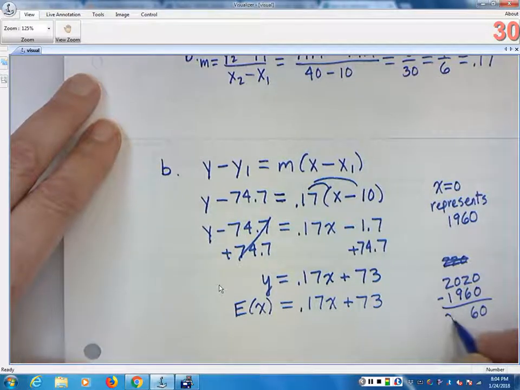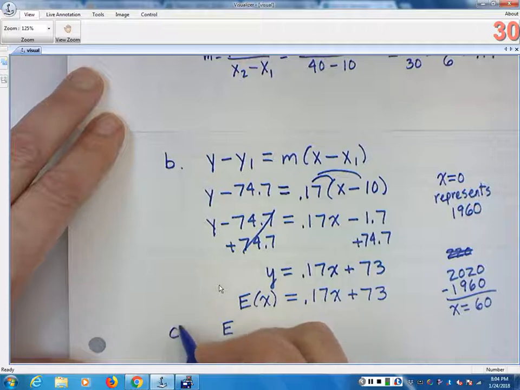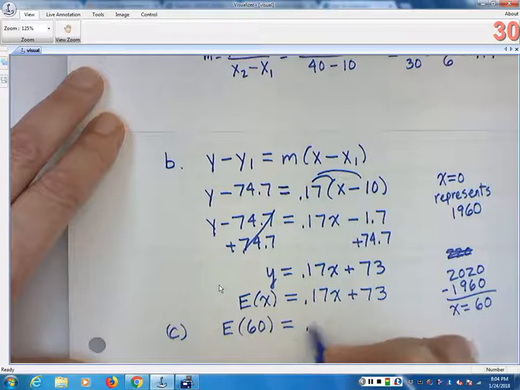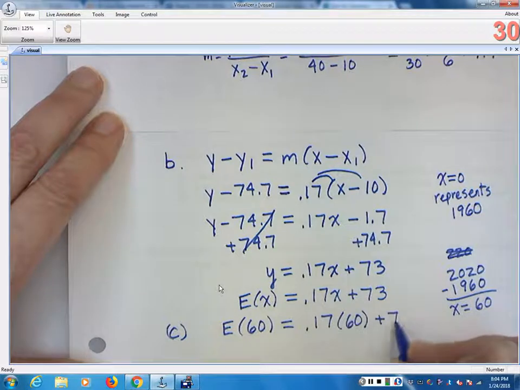So X is 60, so we're going to do E of 60, this is part C, equals 0.17 times 60 plus 73.